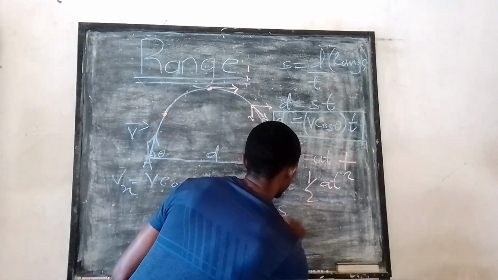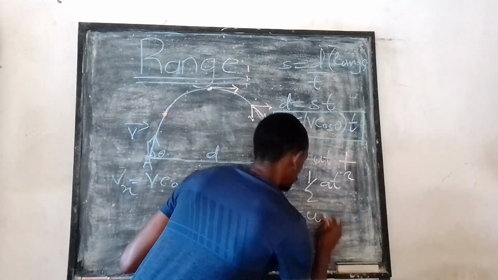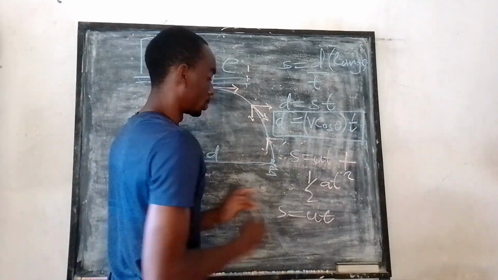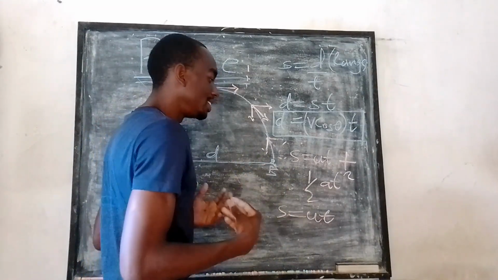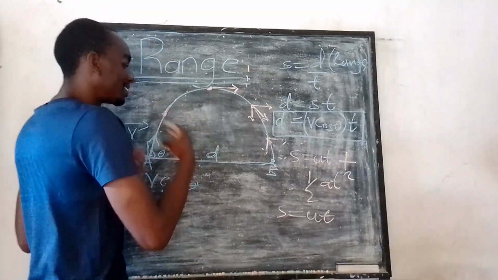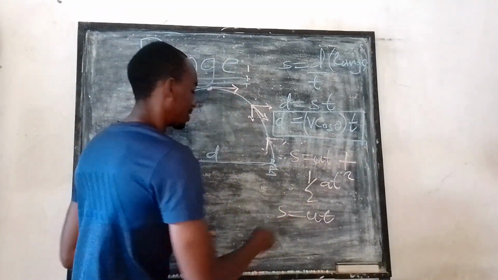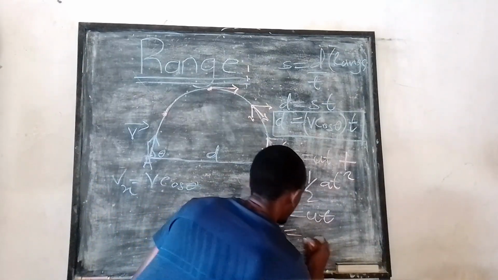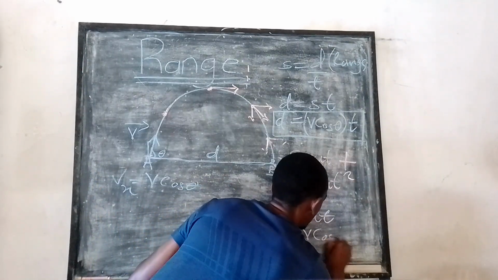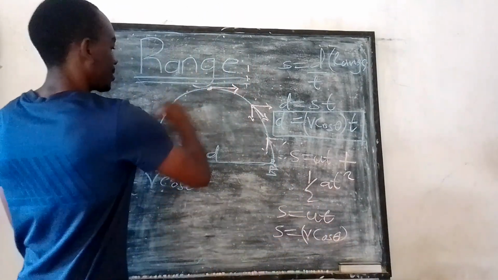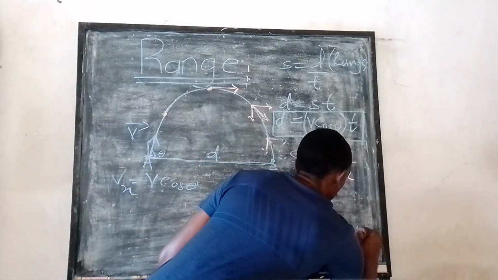And we're left with S is equal to ut, s being the horizontal displacement in this case, u being the initial velocity. But since the velocity doesn't change, it remains the same. So the initial velocity being what? S is equal to v cos theta, the initial velocity being v cos theta. The time, again, being the time of flight. This is where the formula comes from.